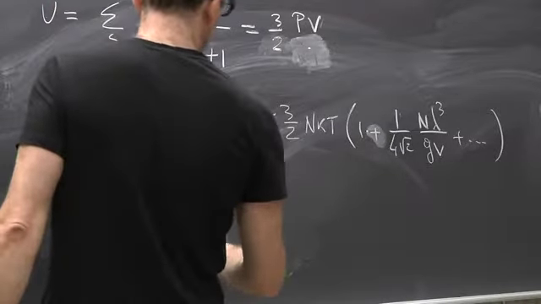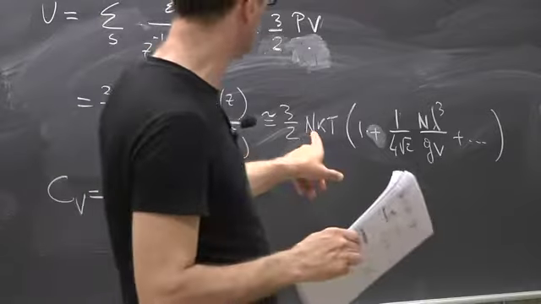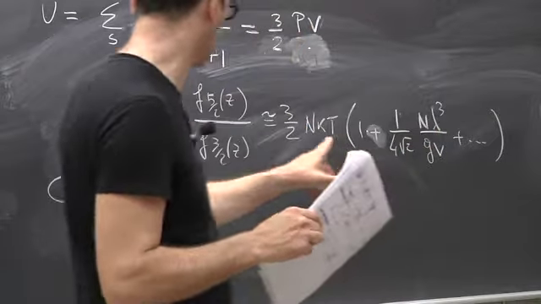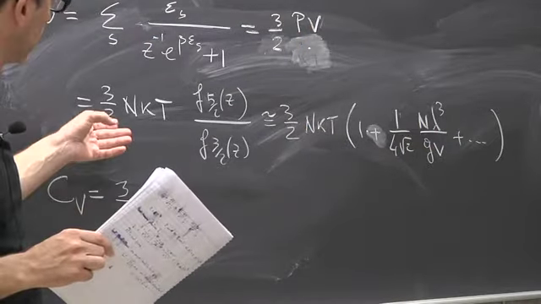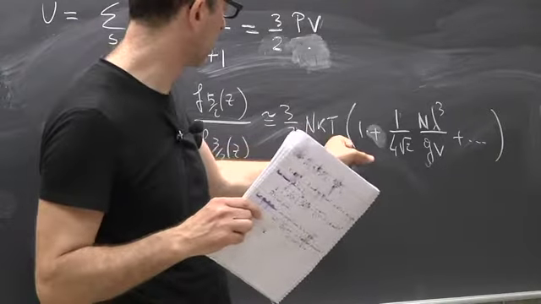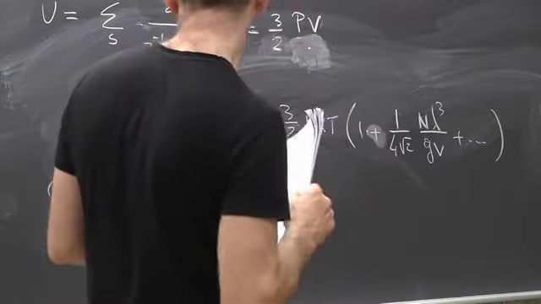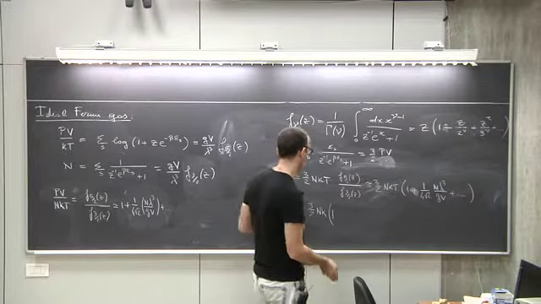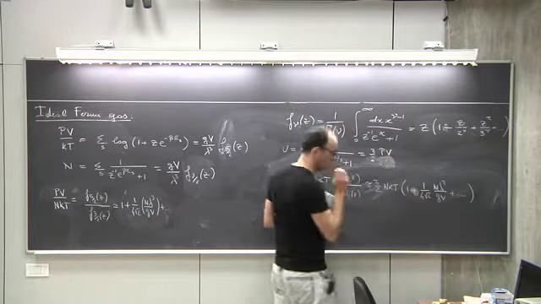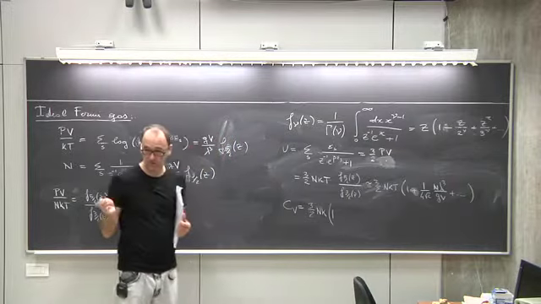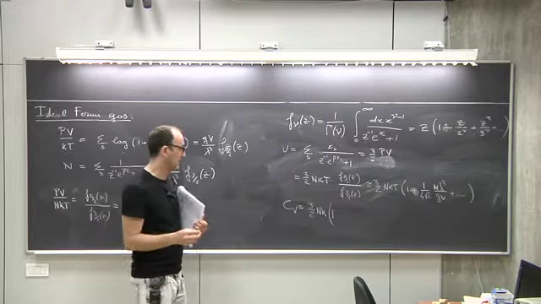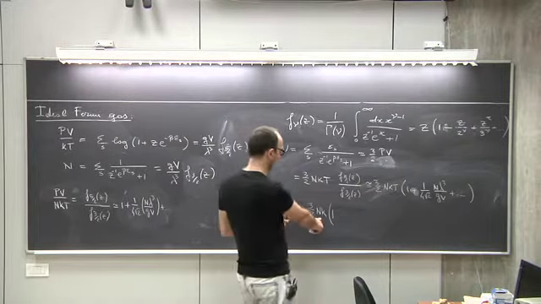The second term comes from the derivative of this with respect to the temperature. Of course, once I have specified the energy as a function of number of particles, temperature, and volume, then I can just compute the specific heat as a derivative over temperature, right? Okay. Now, so the first term is this one.